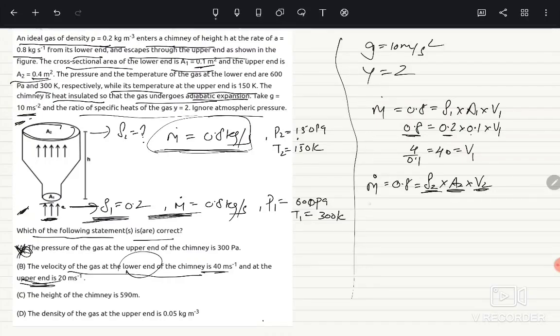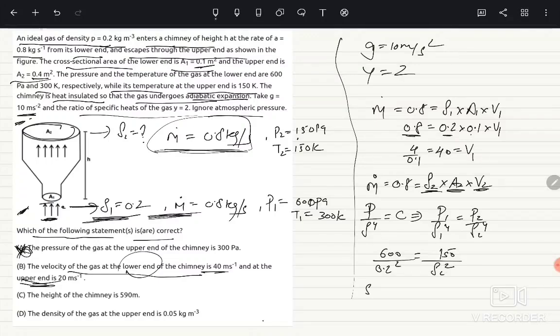We can calculate rho 2 with one of the relations of an adiabatic process, that P by rho to the power gamma is a constant, which will give us P1 by rho 1 to the power gamma equal to P2 by rho 2 to the power gamma. So P1 value is 600, rho 1 value is 0.2, gamma is 2, P2 value is 150, and rho 2 we have to calculate.